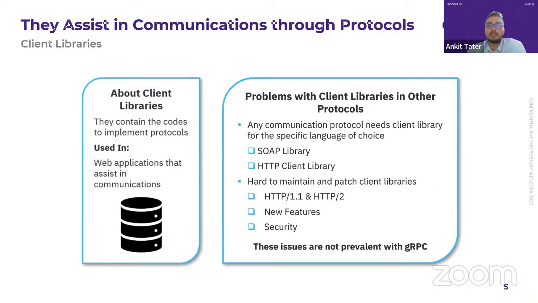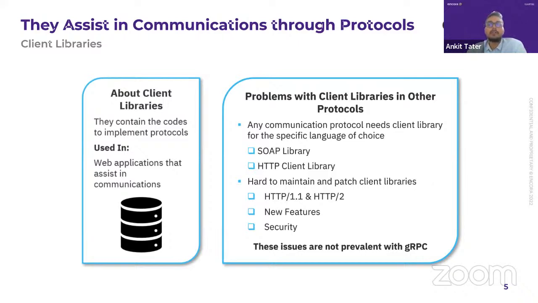For example, if you have RESTful APIs, you add a client library into your backend application. If you're using Java or Go, you don't need to do this for a web application, because the web browser itself is one of the biggest HTTP clients, right? So it has an implementation for HTTP.